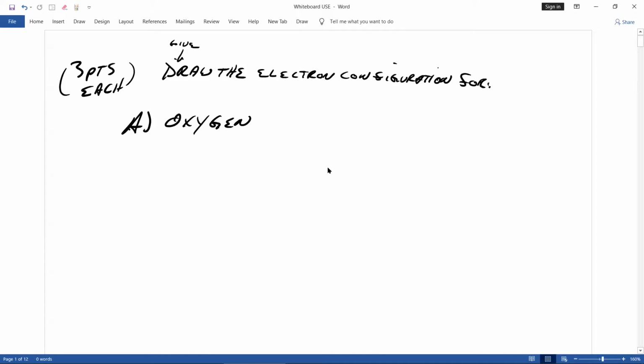Give or draw the electron configuration for A, oxygen. Well, what do you do? Well, the electron configuration deals with all electrons. Well, how many electrons in oxygen? Good question. How do you find out?